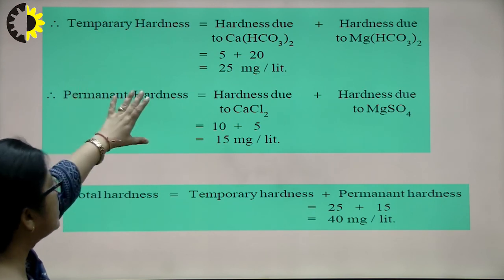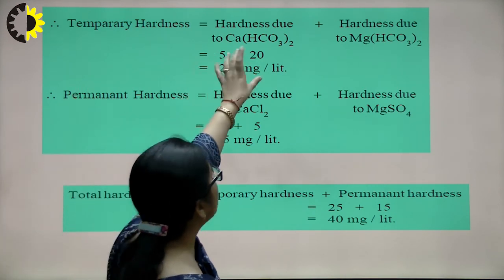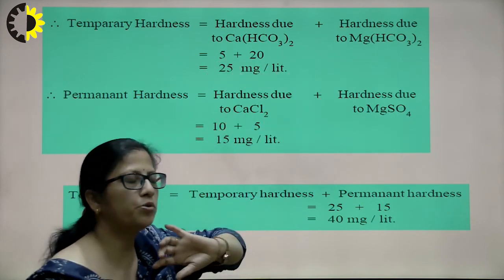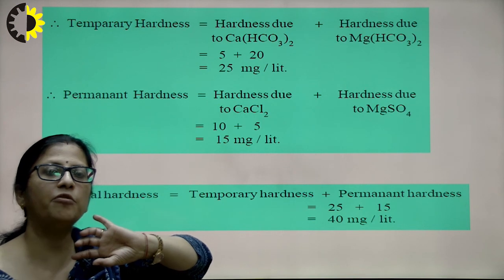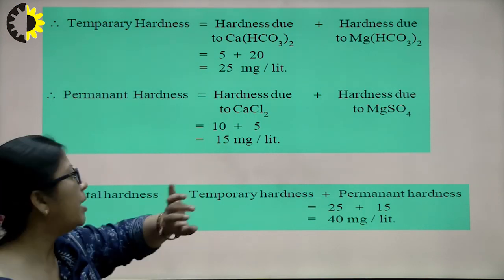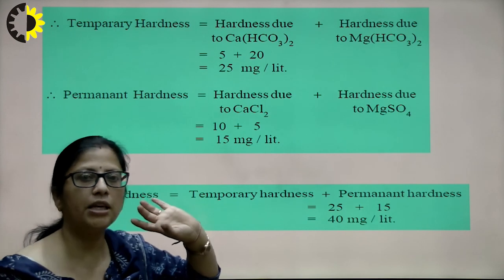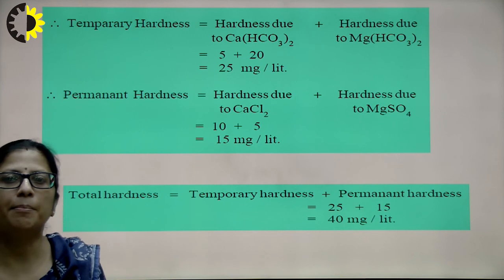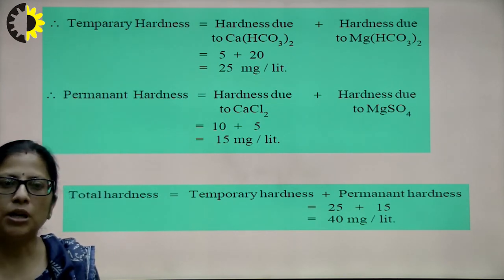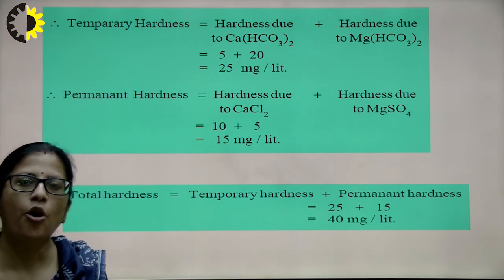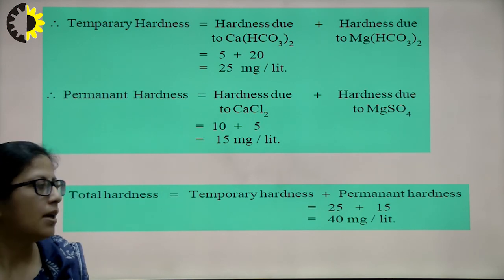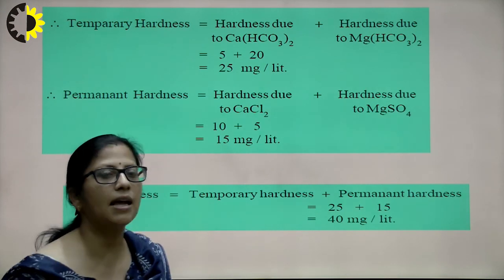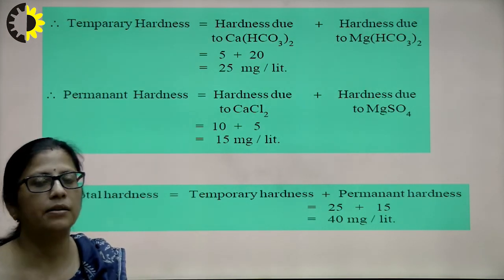So, here the temporary hardness comes out to be the hardness caused due to calcium bicarbonate plus the hardness caused due to magnesium bicarbonate, which is 25 milligram per liter, and permanent hardness is because of the calcium chloride and magnesium sulfate, which comes out to be 15 milligram per liter, and the total hardness comes out on the addition of temporary and permanent hardness, that is adding the two different types of hardness. So, I get the total hardness as 40 milligram per liter.